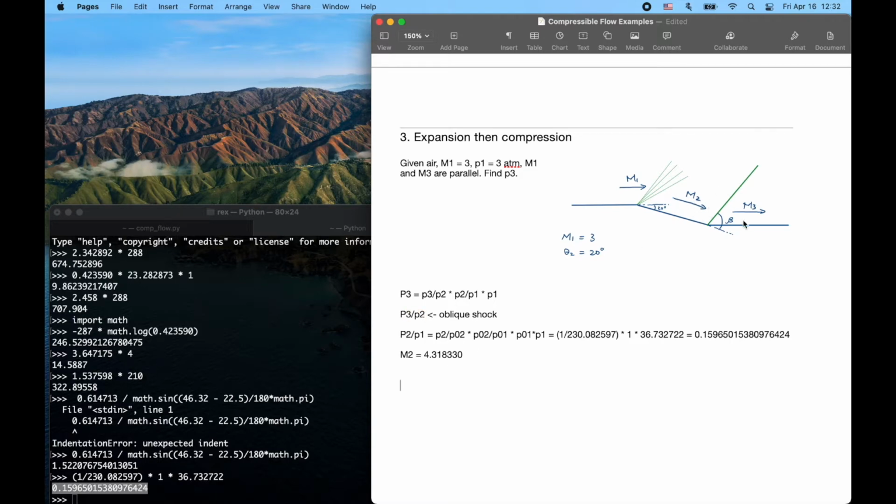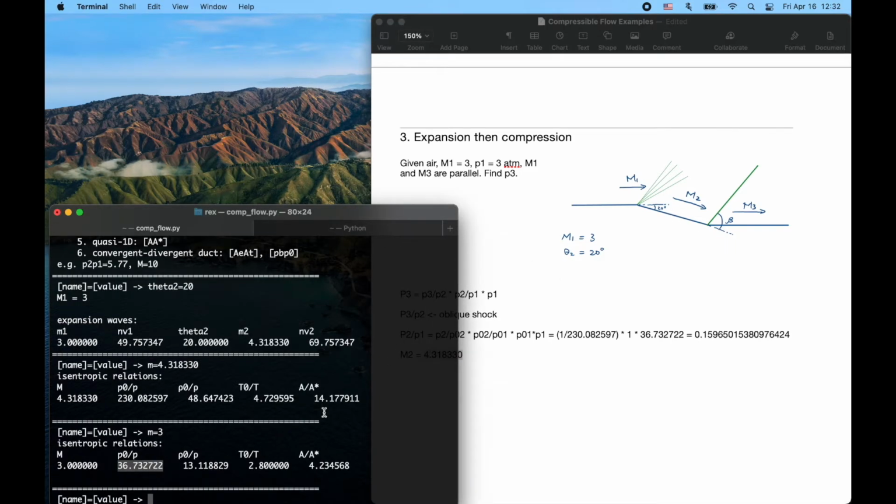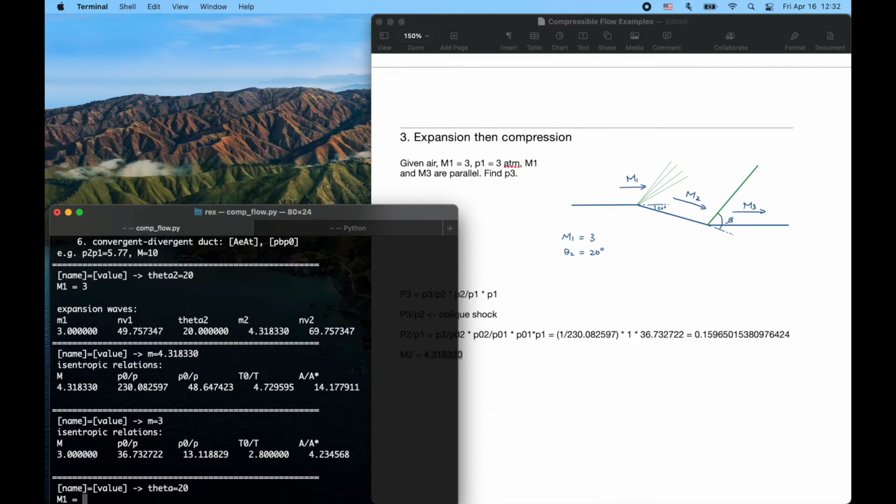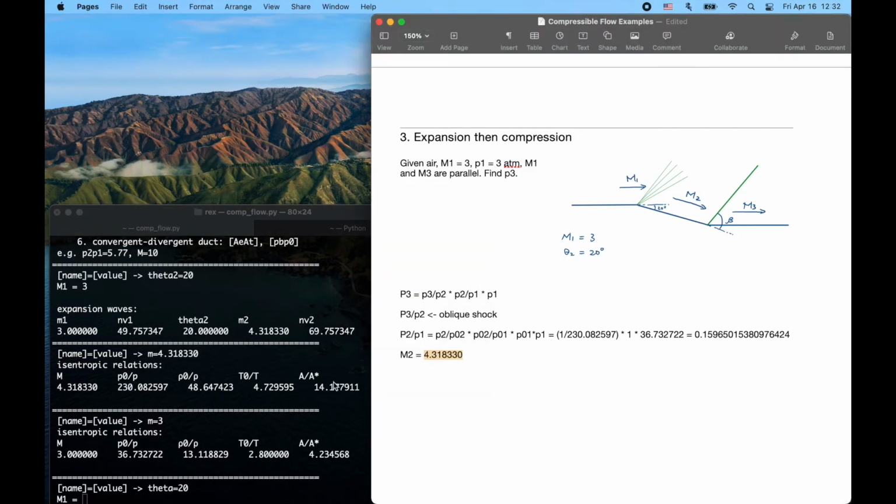Now we have an oblique shock, and the first Mach number is this one, and theta is also 20 degrees. Theta is 20 degrees. Mach number, this one, is that.